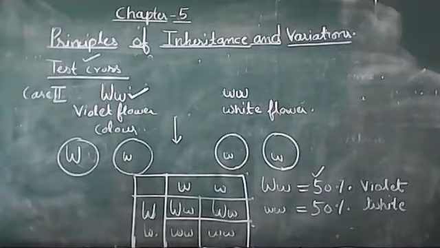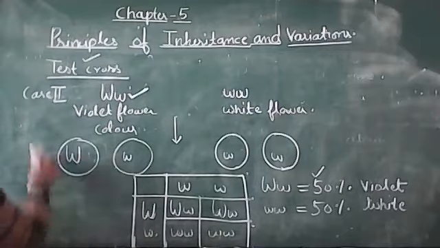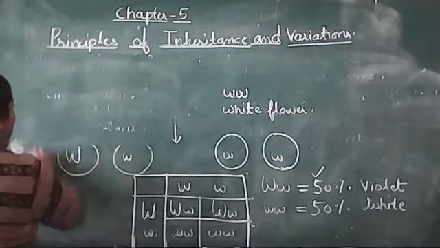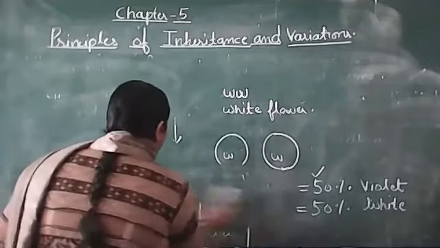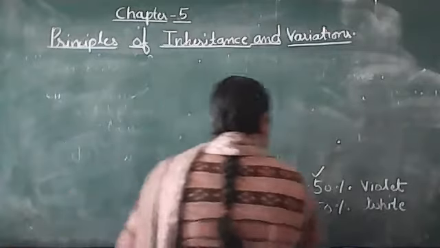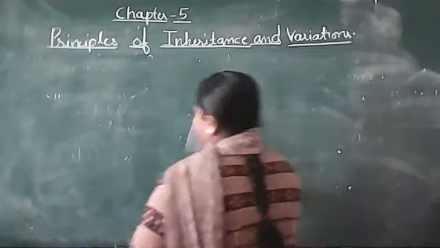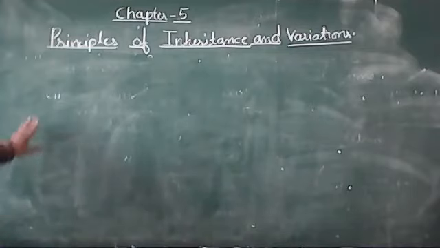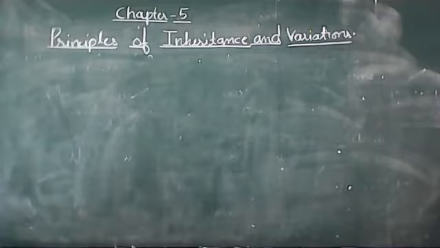So by this test cross, we can easily find out the constitution of the other parent, because you know that in case of the dominant character we have two forms: one is the homozygous form and another is the heterozygous form. Always remember, in case of the homozygous form, we always get 100% hybrids, but in case of the heterozygous form, 50% hybrids are there and 50% recessive characters are there.